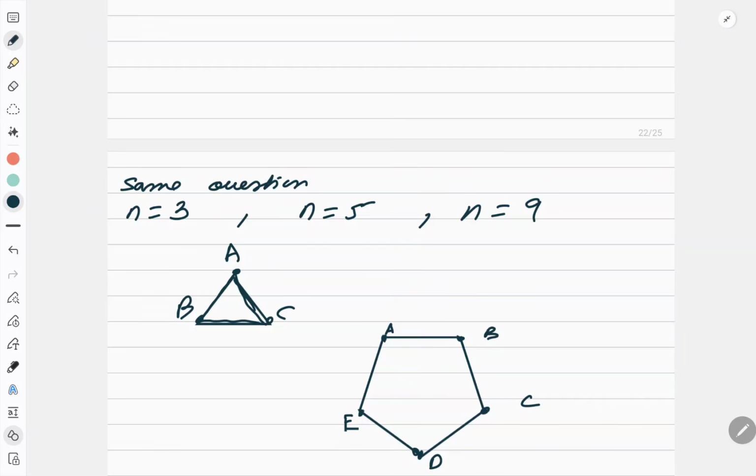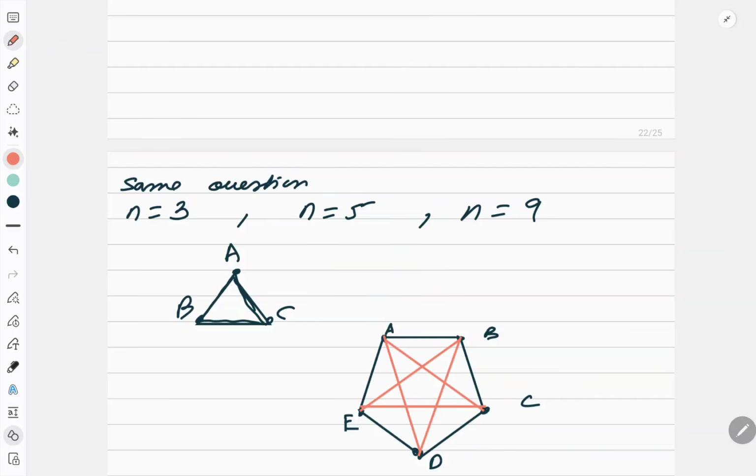Correct. Now let me search the second cycle. So now what you should do for the second cycle, you should start leaving one. We are rotating as per the theorem. So from A, if I am starting, I will go to C. Now from C, I will go to E. From E, I will go to B. Then I will go to D. And then I will go back to A. So I got the second cycle as well.